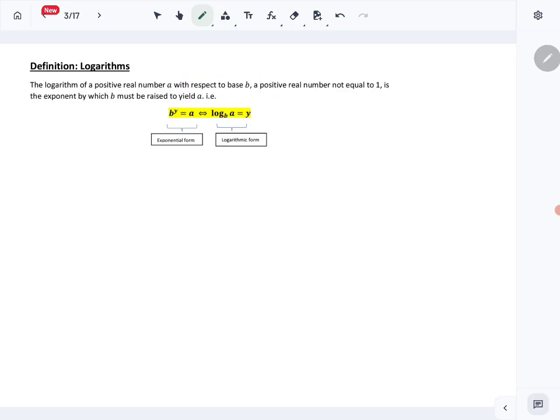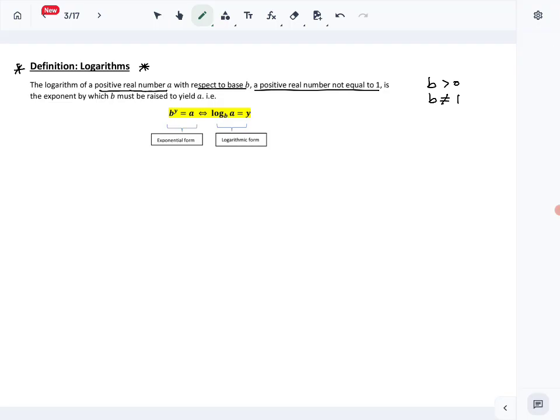Okay. Then one of the important topics: logarithms. The logarithm of a positive real number a, important, with respect to base b. b is what? A positive real number not equal to 1. So remember, b is positive and not equal to 1. Your base has to be positive.